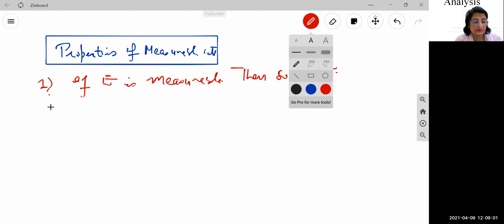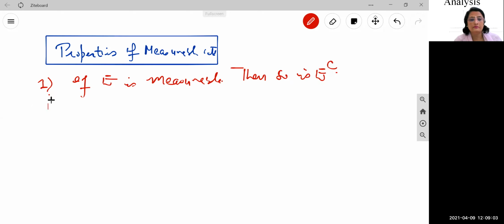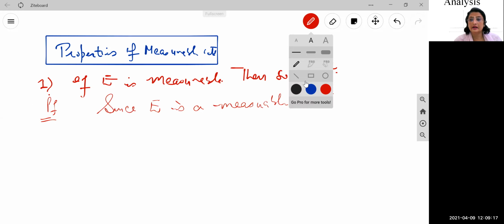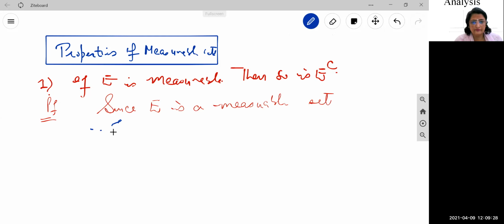अगर कोई set measurable है तो उसका complement भी क्या होगा? Measurable. मान लिया, since E is a measurable set, E measurable है, then by definition of the measurable set, there exists for any set A, therefore for any set A contained in R, क्या होगा?